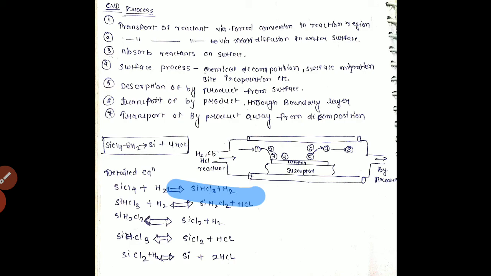After that, some intermediate reactions take place, and at the end, silicon and HCl are formed. The silicon is deposited on the wafer, and the HCl goes away as a byproduct. So this is all about the chemical vapor deposition method. This is a very important question from the mains point of view.